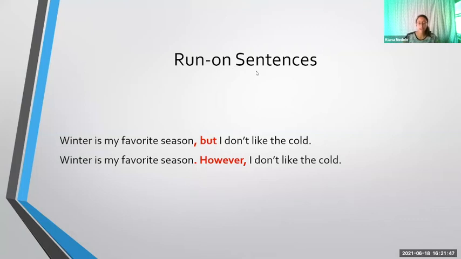You can add the word however, but we still need a period. There are certain words that can connect sentences. There are other words that transition to a new idea, but always come at the start of a new sentence, and however is one of those. So again, we have the comma and the connecting word, or we use the period.